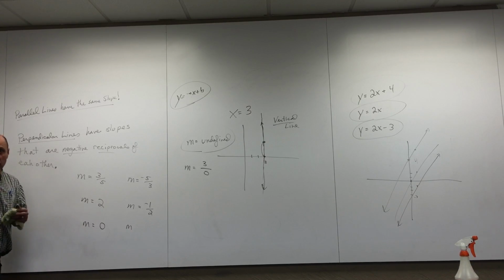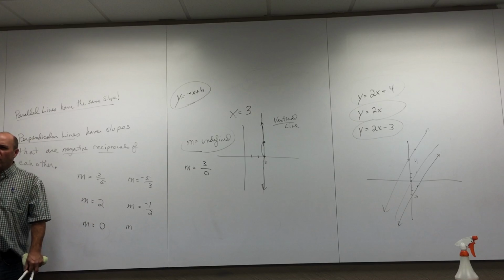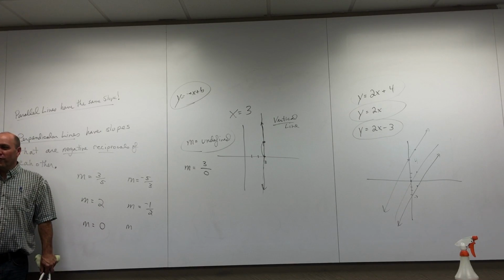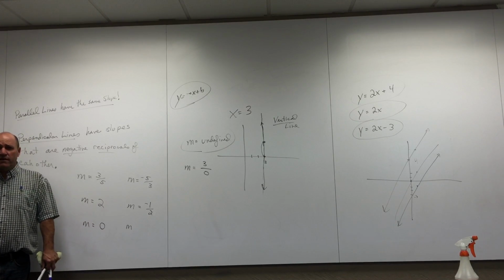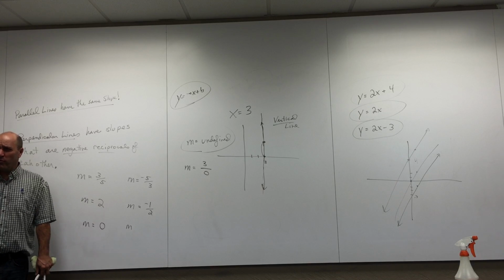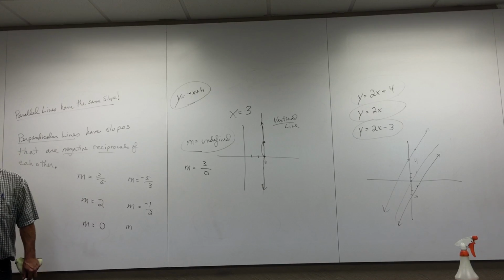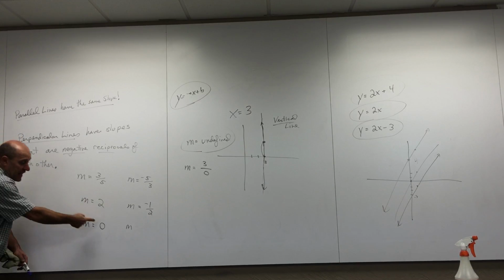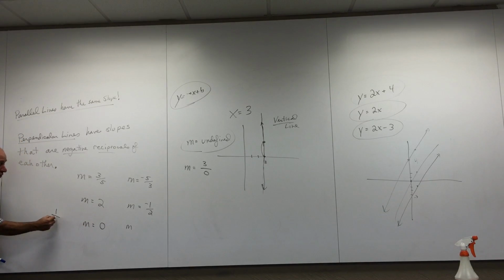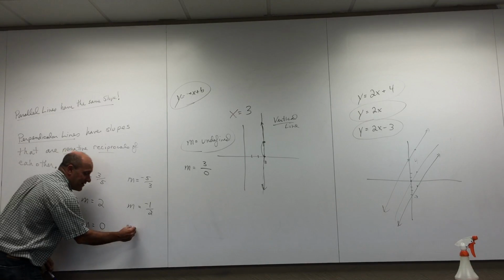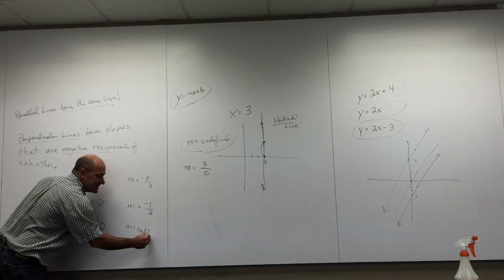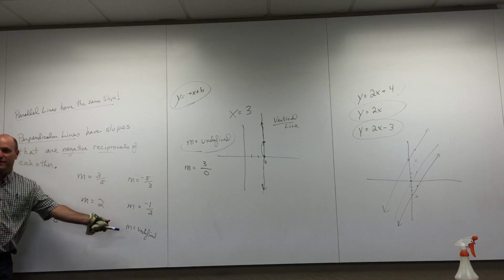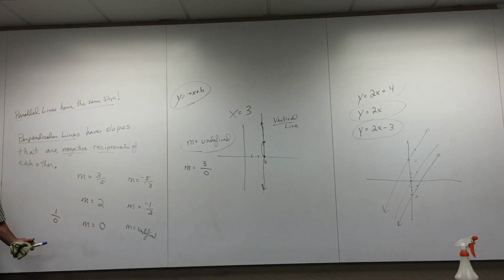You might be thinking visually: a slope of 0 is horizontal, so the perpendicular to that would be vertical, and if you're vertical, the slope is undefined. Or maybe you thought about reciprocating a 0, which would be 1/0, and that would be undefined. However you thought about it, you are right. This is kind of a weird one. He's horizontal and he's vertical, so they're perpendicular.